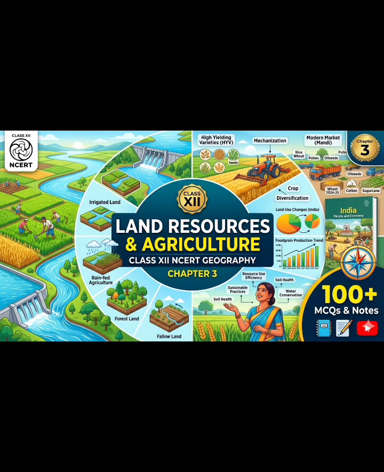Next point is wheat. Wheat is the second most important cereal crop in India after rice. India produces about 12.8% of the total wheat production of the world. It is primarily a crop of the temperate zone, hence its cultivation in India is done during winter or rabi season.